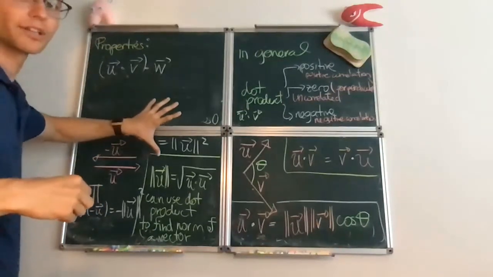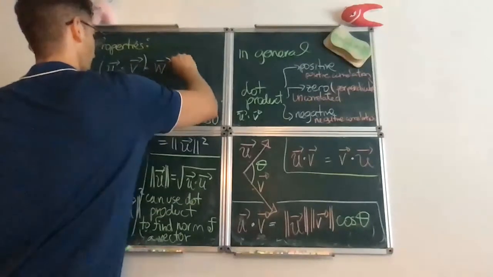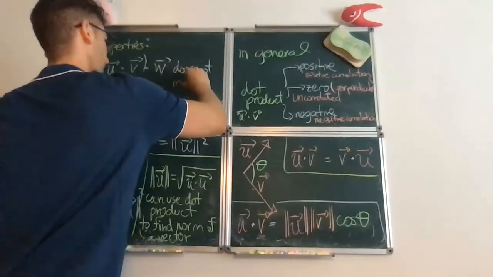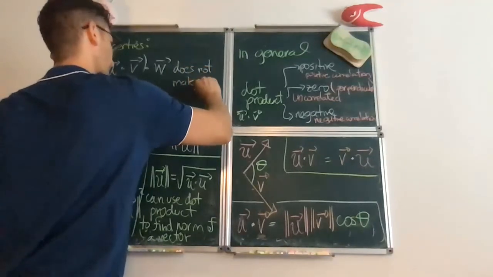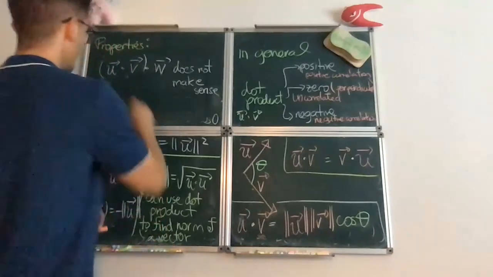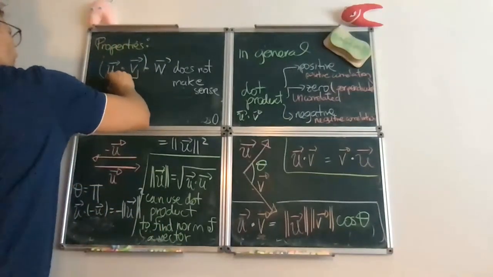An expression like this does not make sense, because when you take the dot product between two vectors, you already get a number.